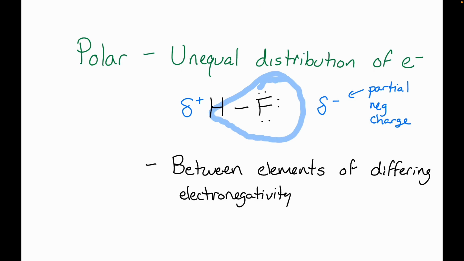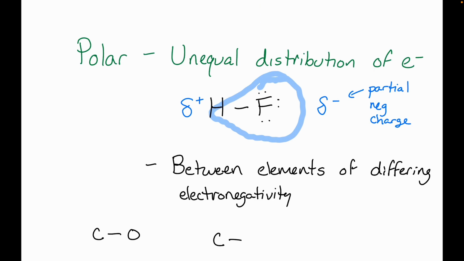So, a carbon-oxygen bond, is that going to be polar? Are those two elements of differing electronegativity? Yes. Oxygen's much closer to fluorine than carbon is, so the oxygen in these bonds is pulling that electron density away from the carbon.